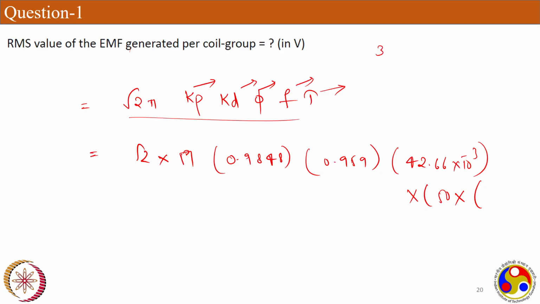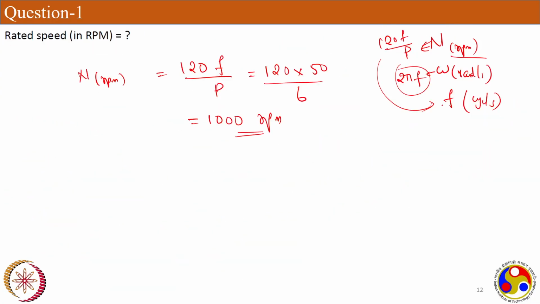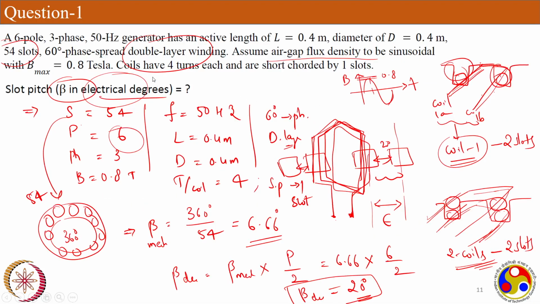And turns. In the question, it was given how many turns per each coil. Coil has 4 turns each.